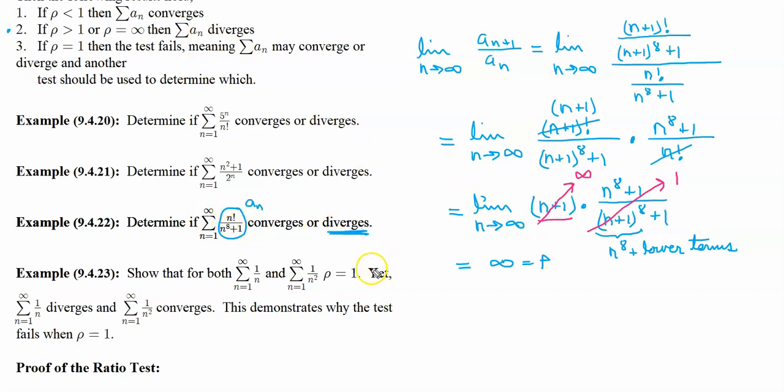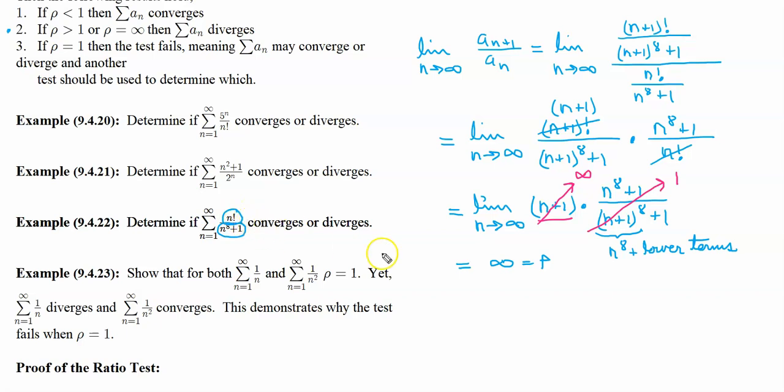And there you go. And you should have a feeling that this does diverge because, as we've seen before, you have a factorial in the numerator and only an 8th degree polynomial in the denominator. These factorials grow very, very rapidly.